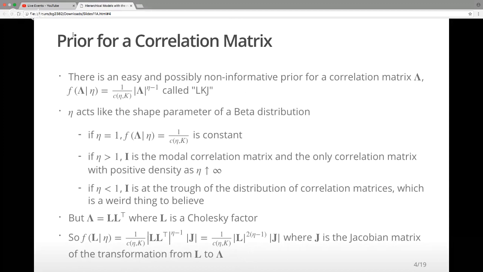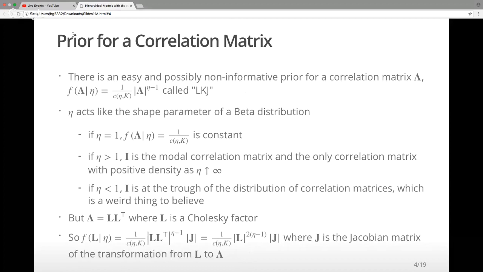So we renamed the distribution LKJ, and that is what it is known as, even though most people who are using it in Stan don't know what L, K, or J stand for, much less can actually spell Lewandowski or Kurowicka. So we have the LKJ distribution.